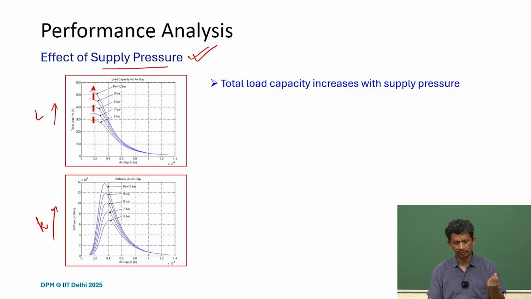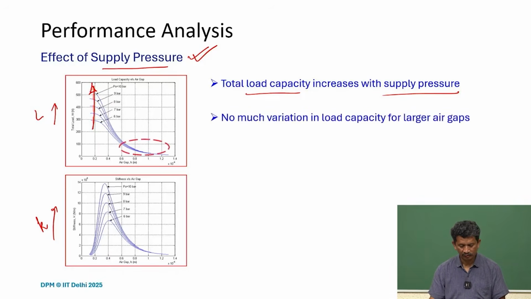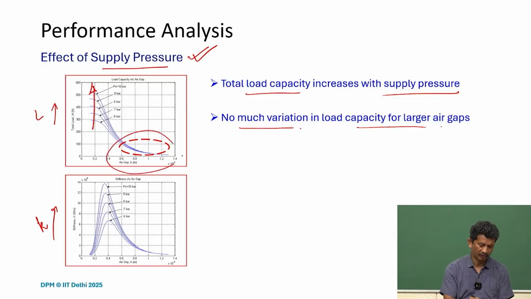Here the orifice diameter is fixed, and only the supply pressure is changed, and it's quite evident that the total load capacity increases with the supply pressure, because the ultimate pressure we have is higher. Similarly, for larger air gaps, there is not much variation in load capacity. If you see this region, that change is not there, not that much.